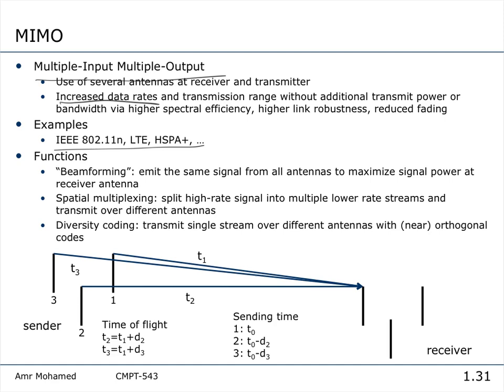So this MIMO allows me to have different techniques. One of them is beamforming, and beamforming, by the way, is a very, very common technique which allows you to optimize the reception at a certain point by controlling the transmission.